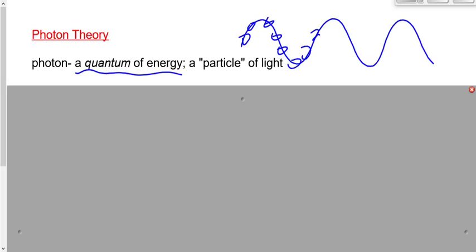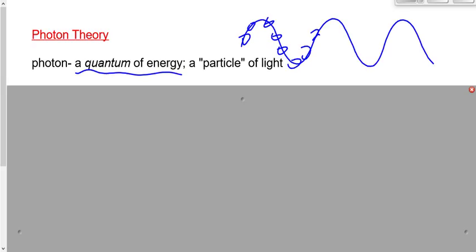Okay, we're talking about its very nature. It is a wave, and we now know that it is a particle, which, good luck trying to picture in your mind what that looks like. I can't. Okay, so if you can't, that's okay. It's pretty difficult to picture something that we've never actually seen before.